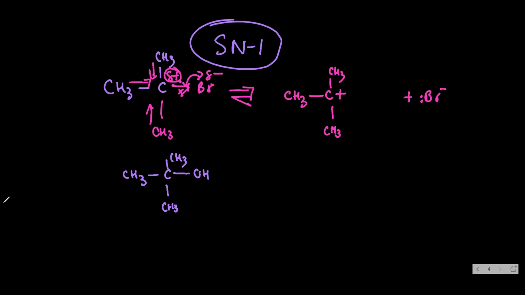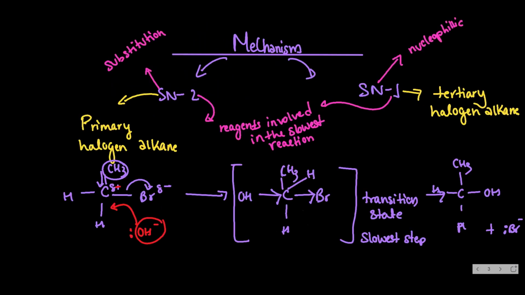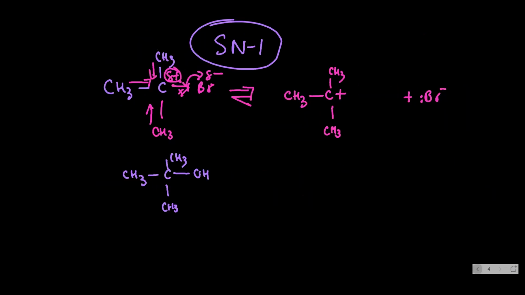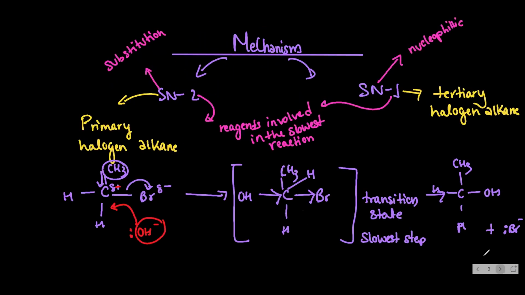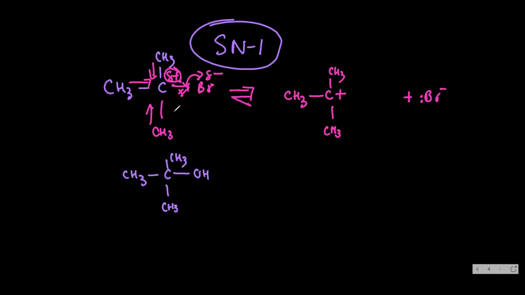So energetically, tertiary carbocations are way more stable. Primary ones require more activation energy, whereas the tertiary requires less because the three alkyl groups are enough to cause the bromine to leave. All right.